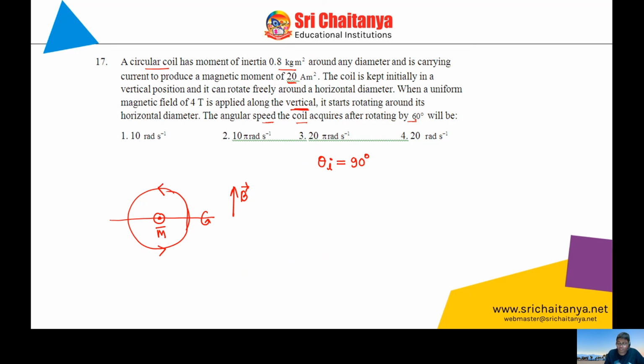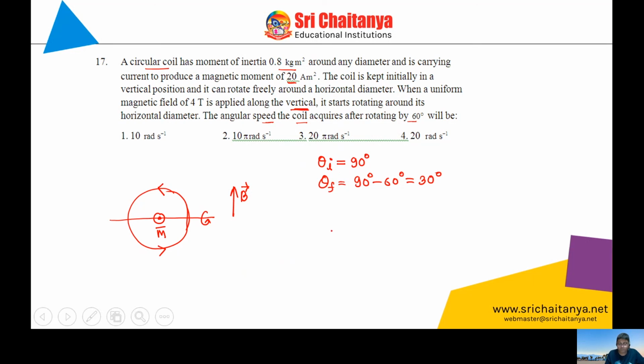So initially the magnetic moment vector was making 90 degrees with the field vector. And after rotating by 60 degrees, the final angle it will be making will be 90 degrees minus 60 degrees, which is equal to 30 degrees. So this is theta i and theta f.